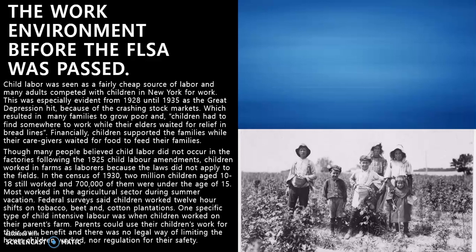Most worked in the agricultural sector during summer vacation. Federal surveys said children worked 12-hour shifts on tobacco, beet, and cotton plantations. One specific type of child-intensive labor was when children worked on their parents' farm. Parents could use their children's work for their own benefit, and there was no legal way of limiting the hours children worked nor regulation for their safety.